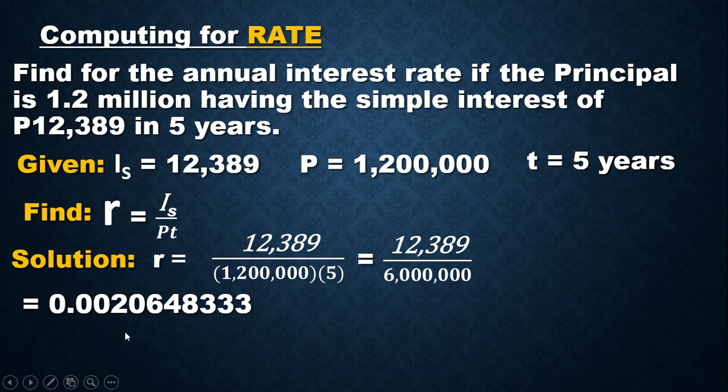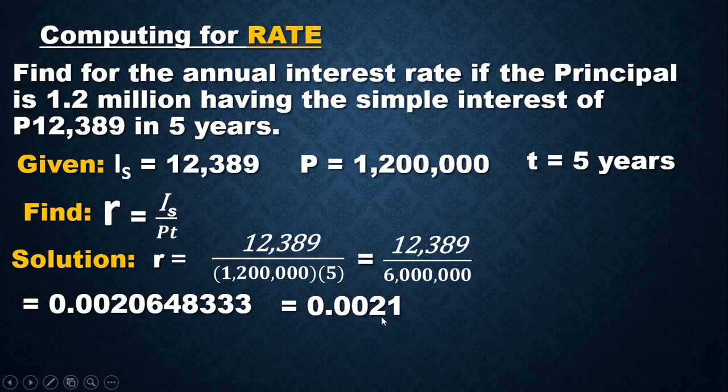0.0020648333. Ngayon po, kung makikita natin, dalawang 0 ang magkasunod. Kailangan po makakuha po tayo ng 2 decimal points for our interest rate. Ngayon, ang kukunin po natin ay 2 at 0. Ngayon, kung ito po ang kukunin natin lahat, 0.0020, ang nasa kanan ni 0 ay 6. So, ito pong 6 ay greater than 5. So, si 0 po ay magko-convert sa 1. So, naging 0.0021.